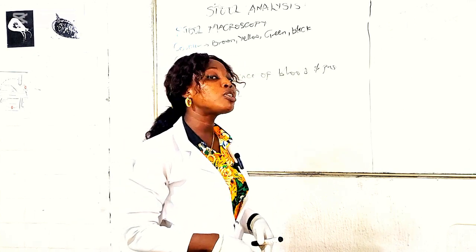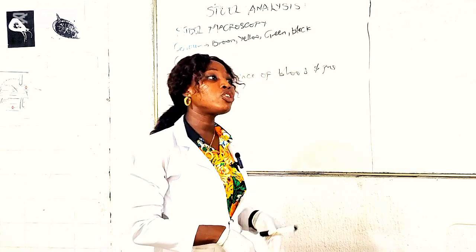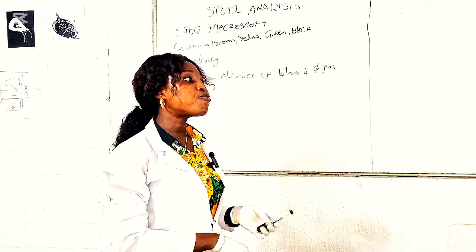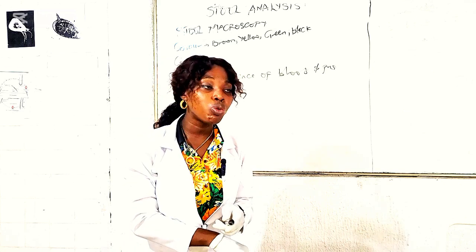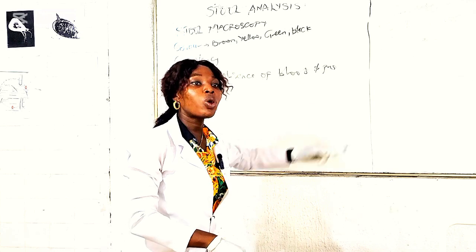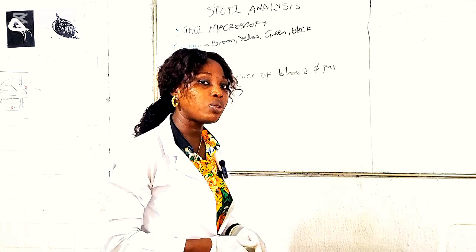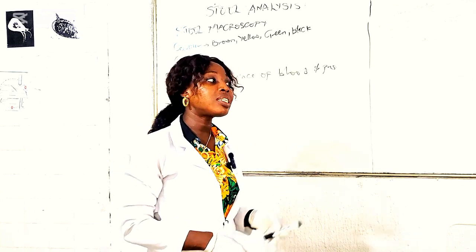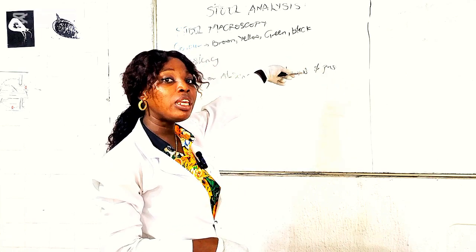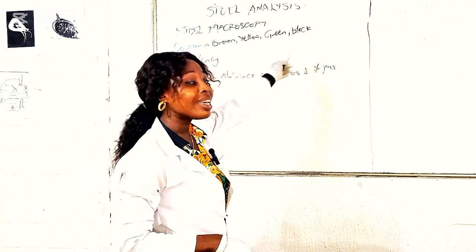Now this blood is broken down. What makes the stool black is the blood that is broken down. Fresh blood seen in stool does not make the stool black. So it's blood that is broken down inside the body that colors the stool black. The part of the blood that colors the stool black is the iron.